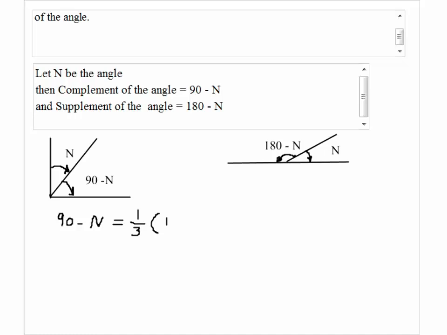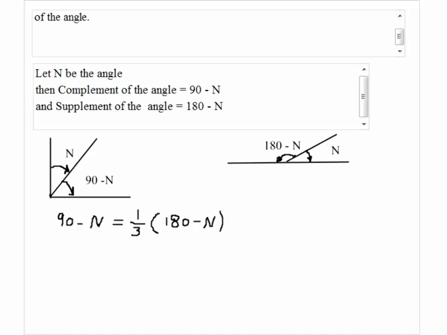Well, the supplement is 180 minus n. So this is how you set up the equation. Again, the complement of an angle is 1/3 of its supplement. If two angles are supplements of each other, one is n, the other one is 180 minus n. If two angles are complements of each other, if one is n, the other is 90 minus n.